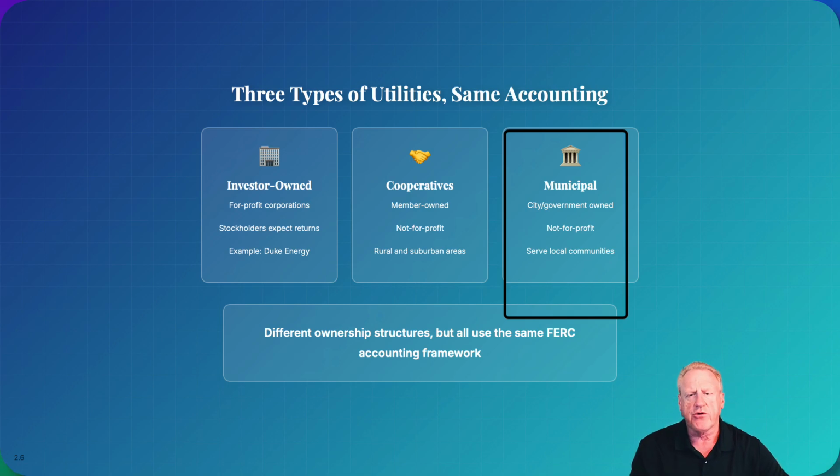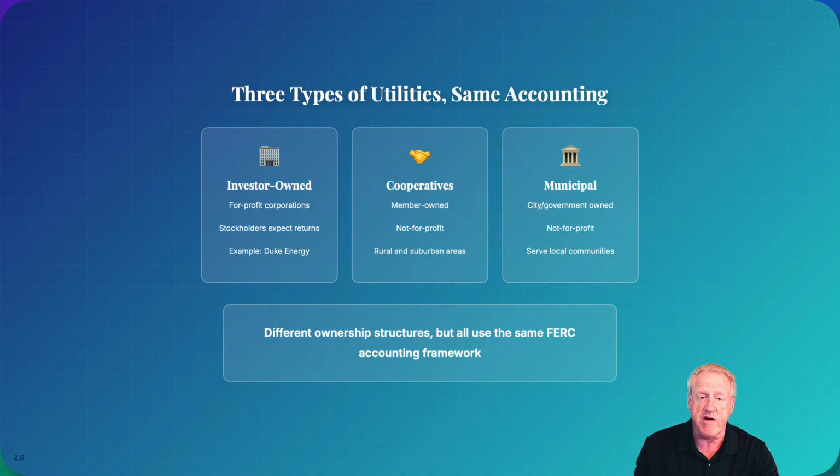Now, don't let the term not-for-profit sway you. These electric co-ops and municipal utilities still need to generate a profit and reinvest it in the business in order to continue to provide reliable electric service. Investor-owned utilities and municipal utilities follow the FERC Uniform System of Accounts.